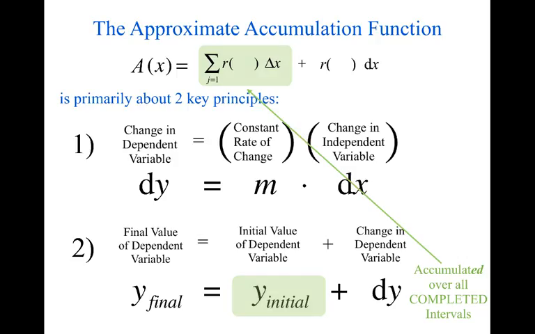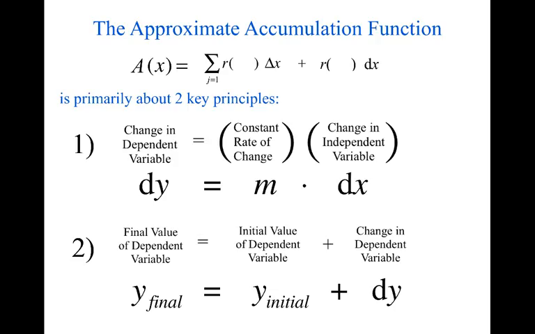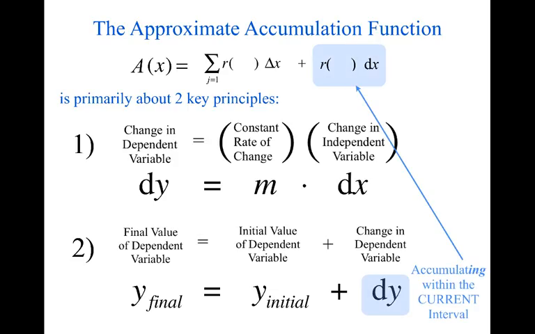Plus, what's the change? The change is the amount accumulating within the current interval. So we've got to think of x as a variable. x is increasing through these intervals. At any given value of x, it's in a current interval, and you're getting accumulation in the current interval, and that's the r dx on the right there.